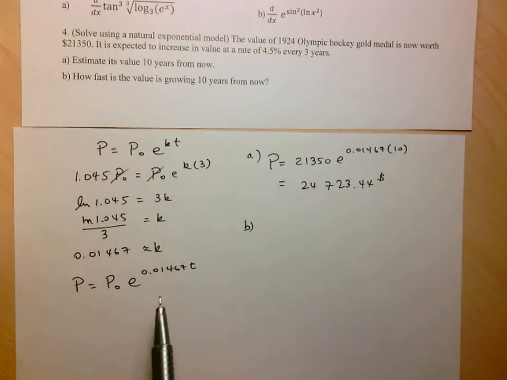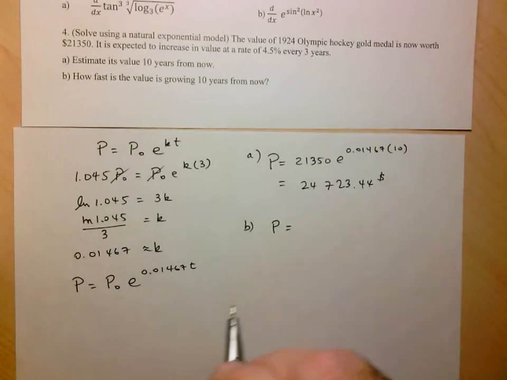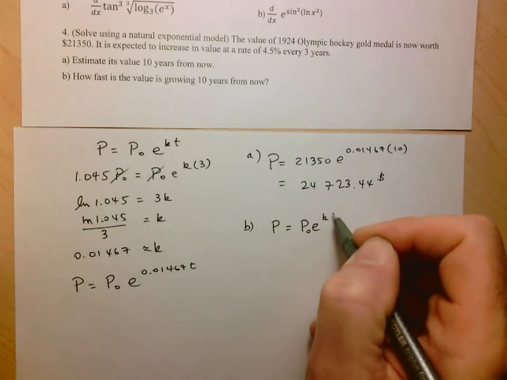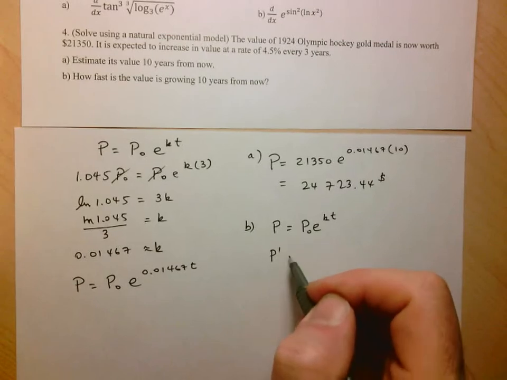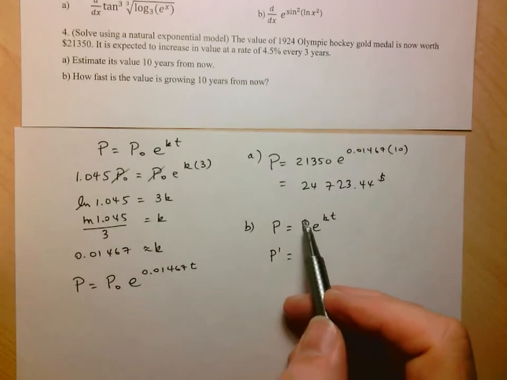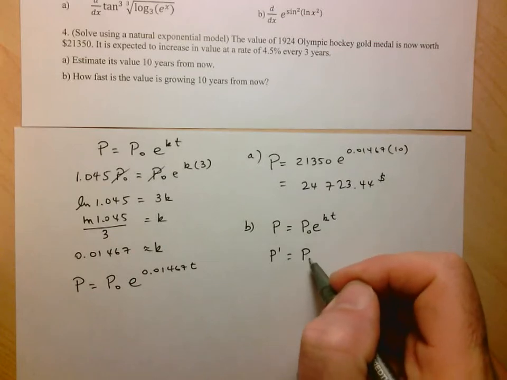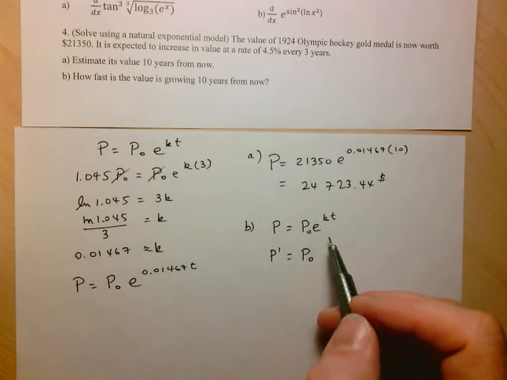Instead of working with this specific model, I want to show you one of the reasons why these natural exponential models are so nice. If I take any natural exponential model, P naught e to the kt, and take the derivative, P naught is just a constant, so I can take that out of the derivative. I'm just finding the derivative of e to the kt.